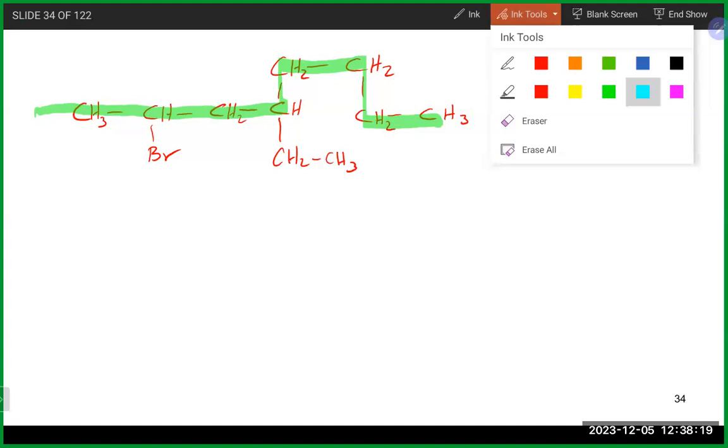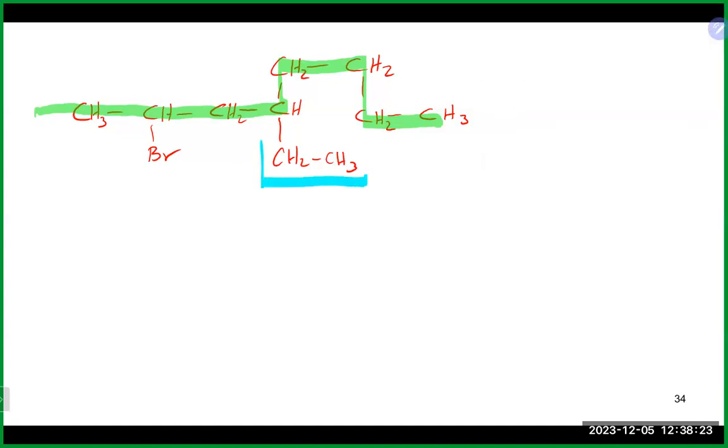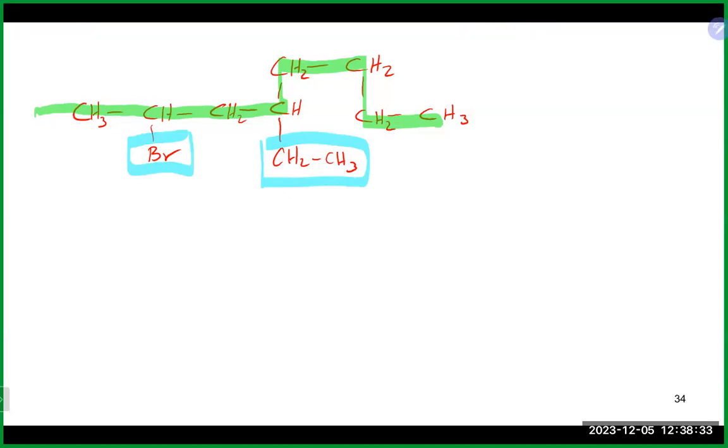That also means that this is going to be considered a group that's hanging off of it, and that is going to be a group that is hanging off of it. Now, starting with our longest continuous carbon chain, which is 1, 2, 3, 4, 5, 6, 7, 8, that's going to give us the base of our name, which is octane. We also want to identify what our groups are.